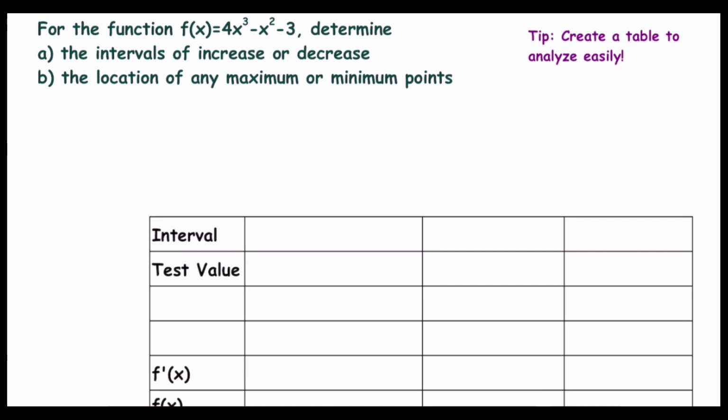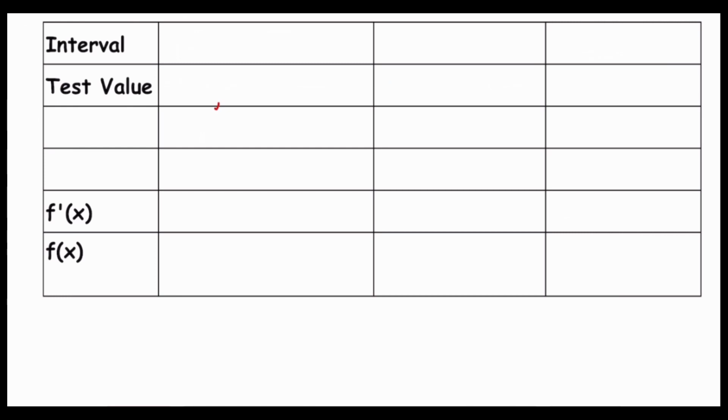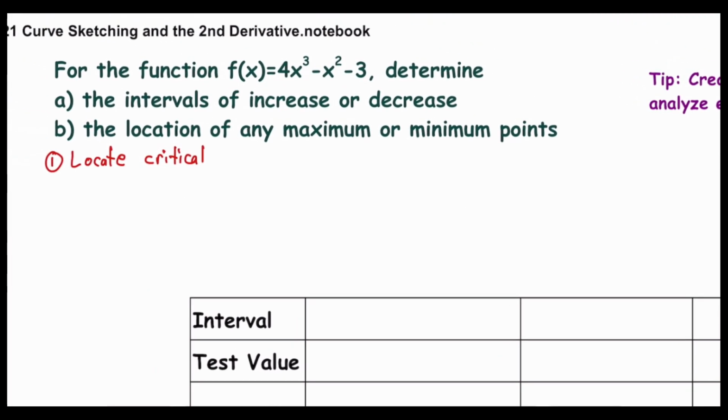So basically step 1, I might not have too many steps here, but we're going to locate critical values. What are our critical values? It's going to be points where the derivative does not exist, or points where the first derivative is equal to 0.